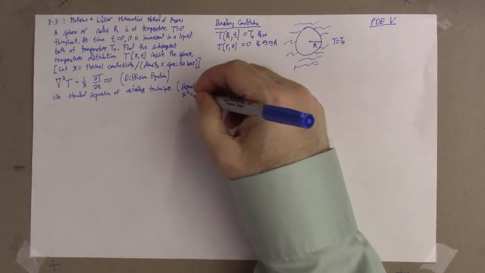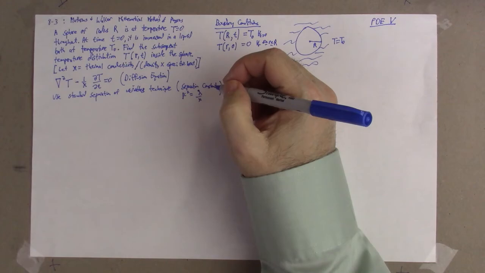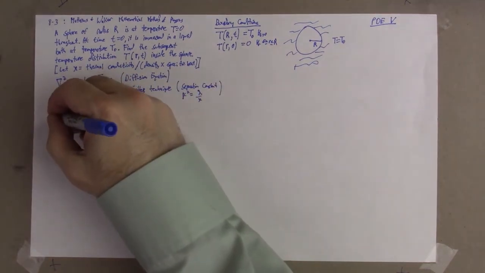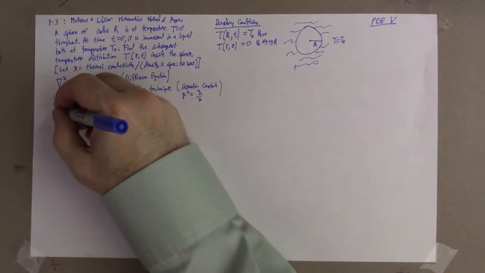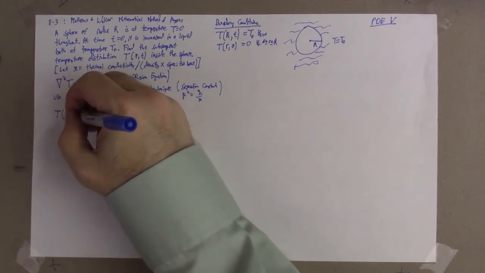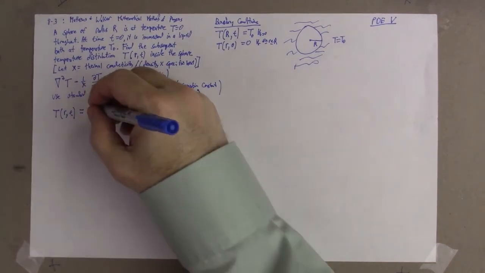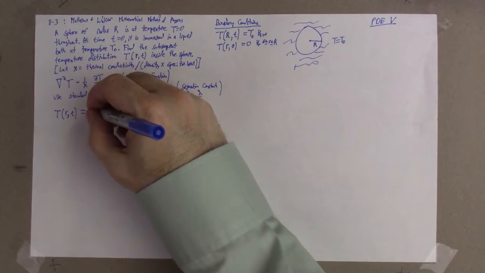This defines lambda as well. And what we're going to find is that the temperature as a function of r and t, I'm leaving out the angular variables now. That'll actually be in the equation, but you'll see in a moment why I'm leaving them out.